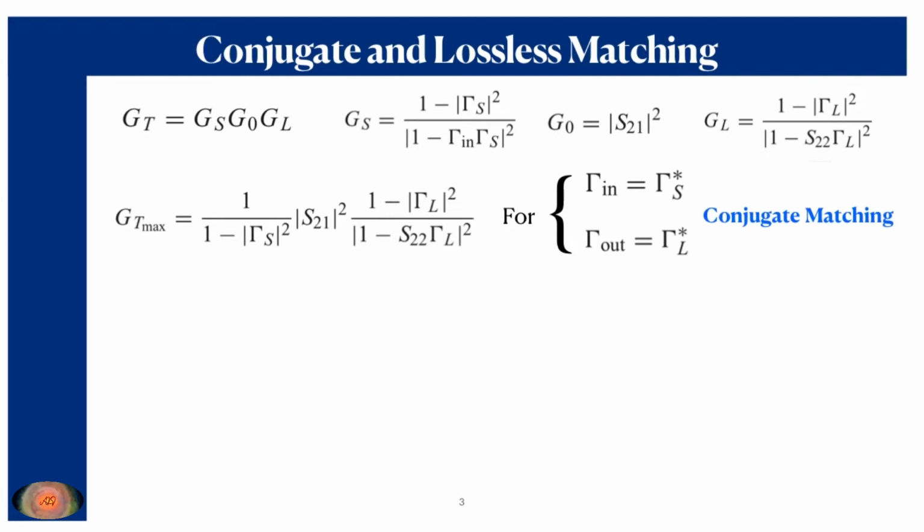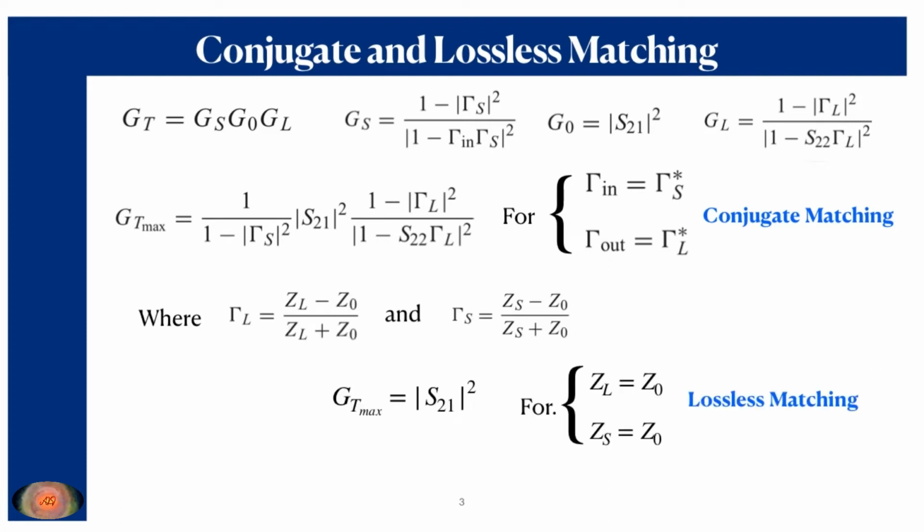That is why losses are present in terms of the reflection coefficient at both the input side and the output side. Therefore, the lossless condition must be achieved, and the lossless condition means this reflection coefficient should go to 0.